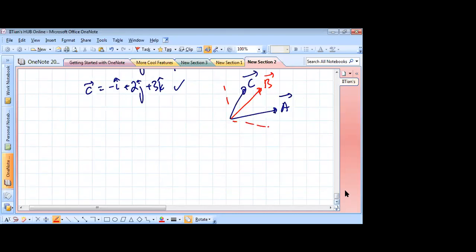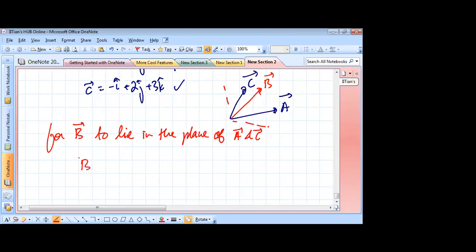So the condition for coplanarity for the unknown vector B to lie in the plane of the known vectors A and C is that B should be perpendicular to A cross C. In other words, B's dot product with this vector, which is A cross C, should be 0.